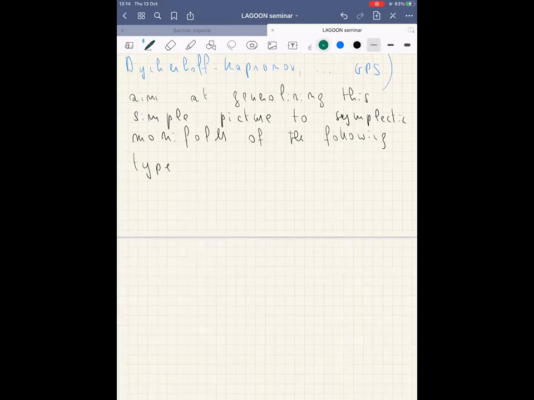So let's consider, for instance, something like this. This is a genus 1 curve with two punctures that I'm indicating with these boundary components.